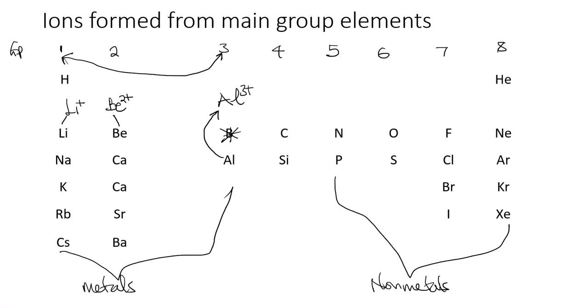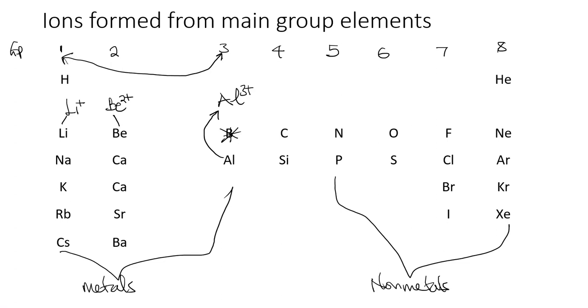If the atom is in group 1, the ion will have a charge of plus 1. If the atom is in group 2, the ion will have a charge of plus 2. If the atom is in group 3, the ion will have a charge of plus 3. That is for metals.